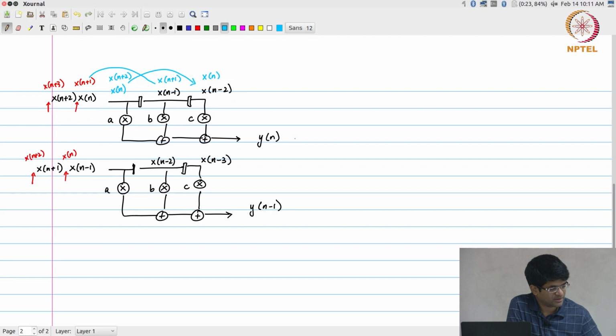Okay. So that this will then compute y of n plus 2, right. And similarly, the first time around I have x of n minus 1, n minus 2, n minus 3. The next time around I will have x of n minus 1 jumping over here, x of n over here, and x of n plus 1 over here. Okay.